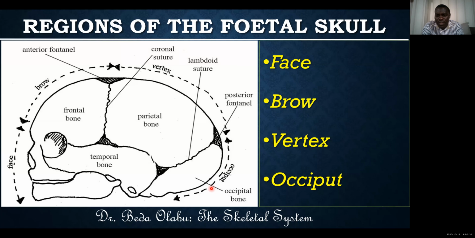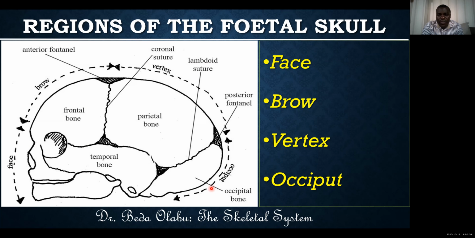And what do you do about that? Is it vertex presentation, or is it occiput presentation? You may not necessarily have occiput presentation, may not be practical, but a number of times you'll come across the first three. The normal fetal presentation is the vertex presentation. Those ones will deliver vaginally.